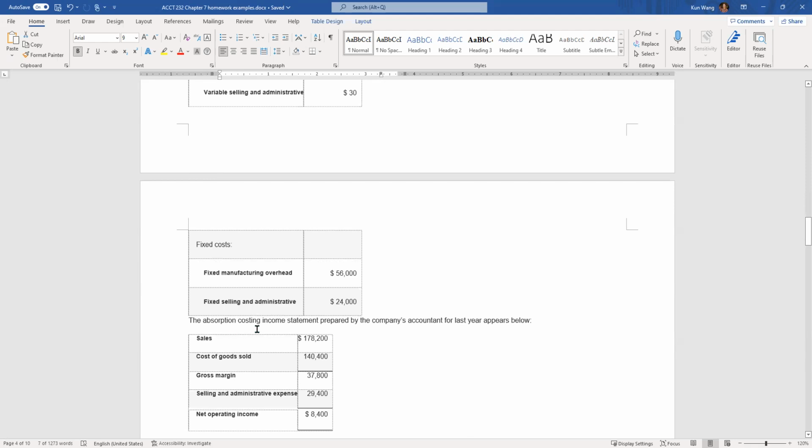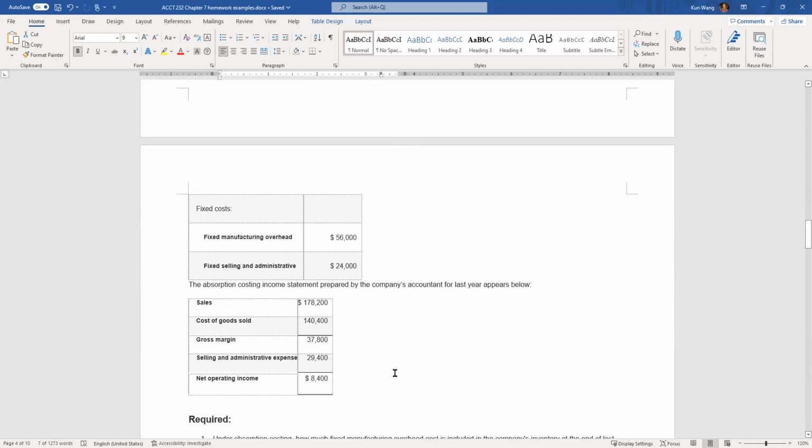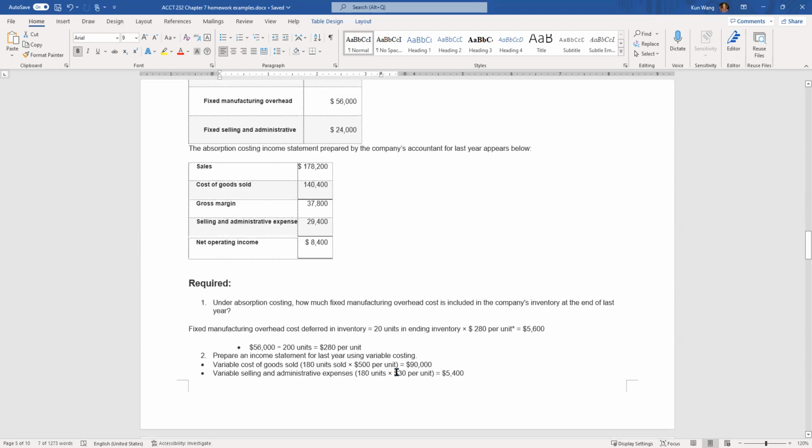They give you the absorption costing income statement already, and we are required to find out how much manufacturing overhead is absorbed in, or hiding in, the unsold finished goods, and then prepare a contribution margin or variable costing income statement.